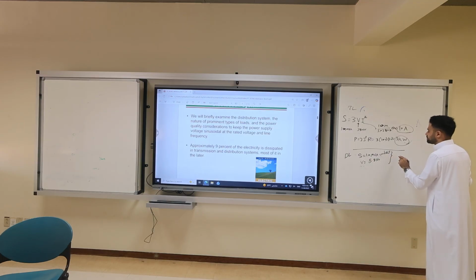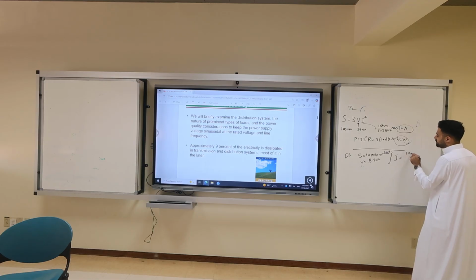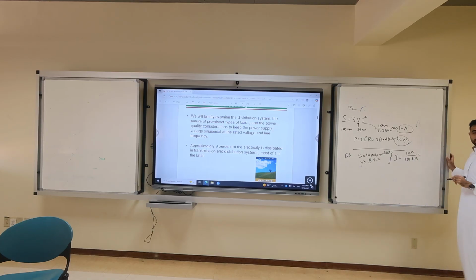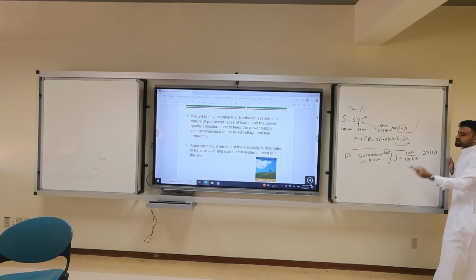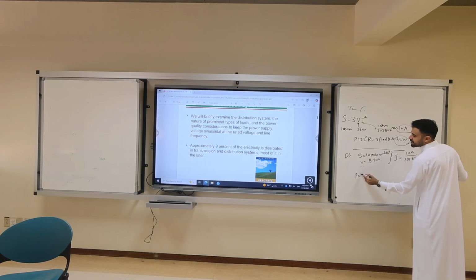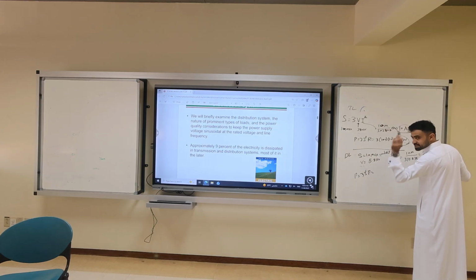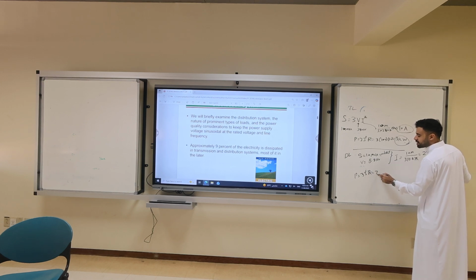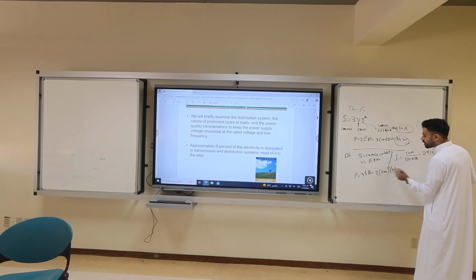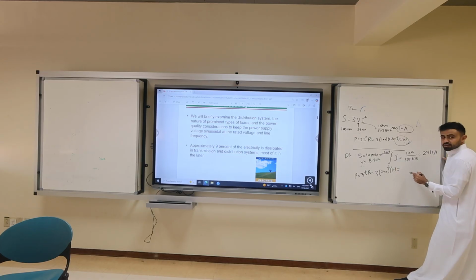What is the I? 10 MVA over 3 times 13.8 kV. 241 amps. So what is the power loss? Let's say it's 3I squared R. Let's say R is 10. 3 times 240 squared times 10. What are the losses? 1.75 megawatt.